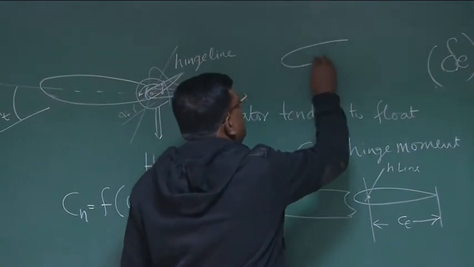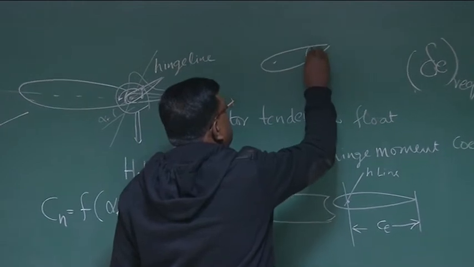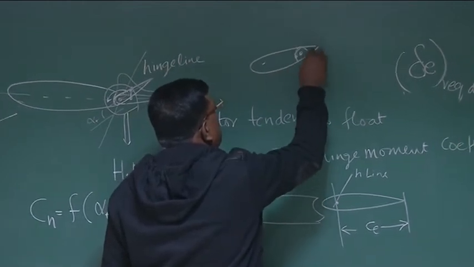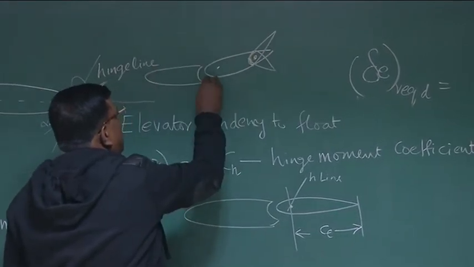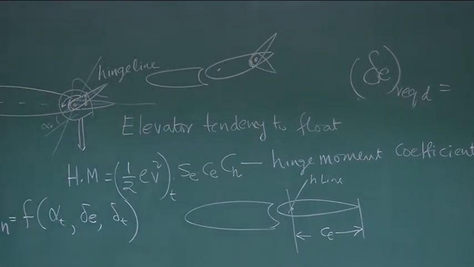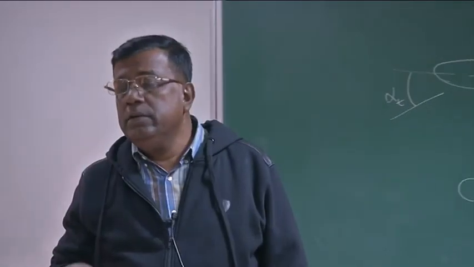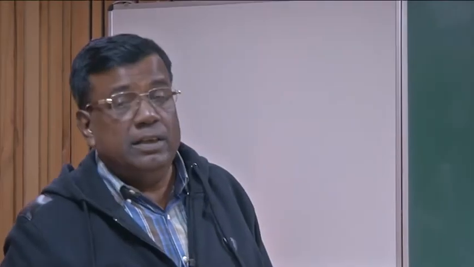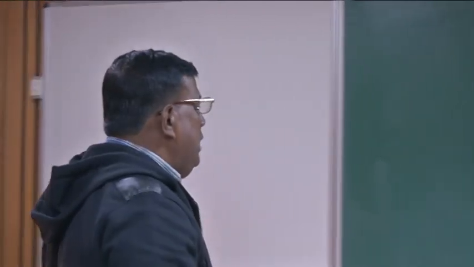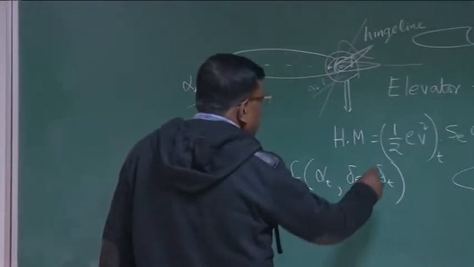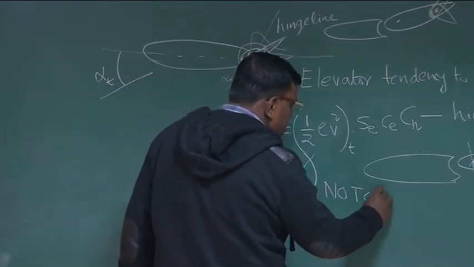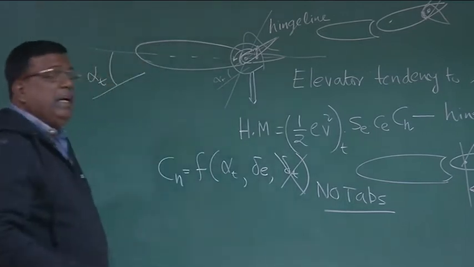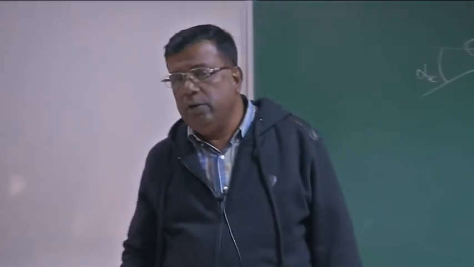If this is the elevator, and there are some tabs here also which can be set down or up, these are for trimming, final trimming, and also that will reduce the hinge moment effort for the pilot. We'll discuss tabs. But at present, to understand the physics, we'll say there are no tabs. Note down this, and we'll come back to tabs. Once you understand this simplistic formulation, adding the tab effect will be just trivial.